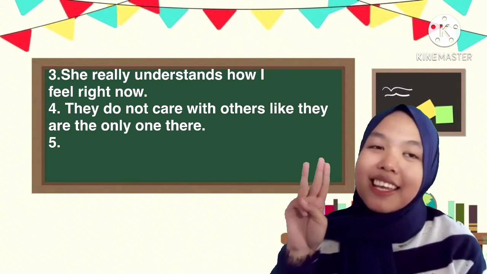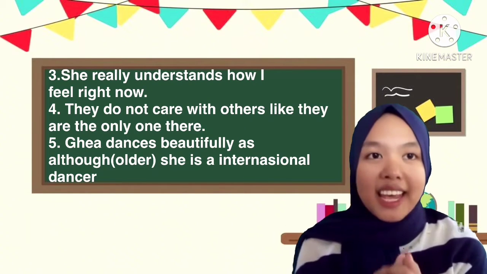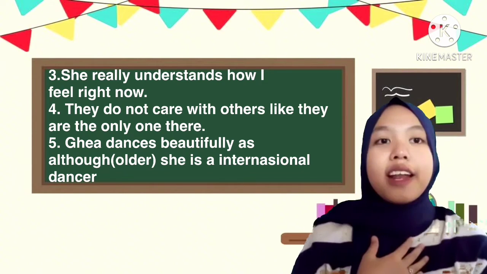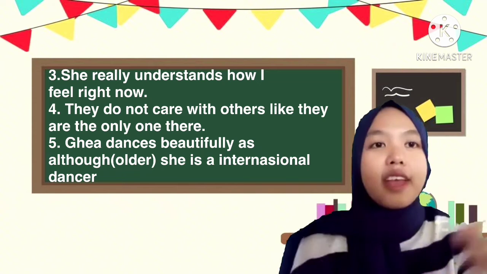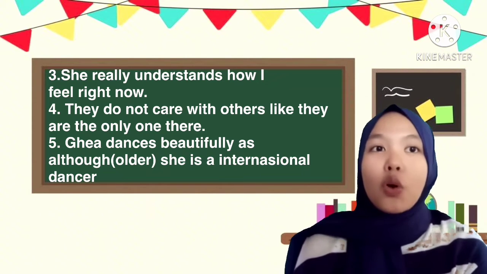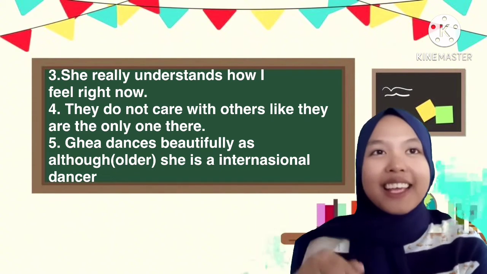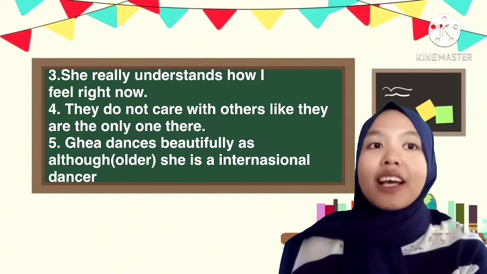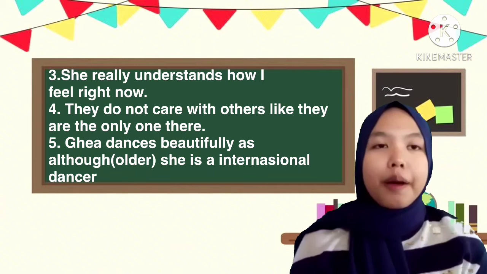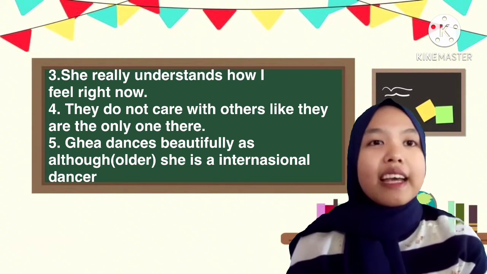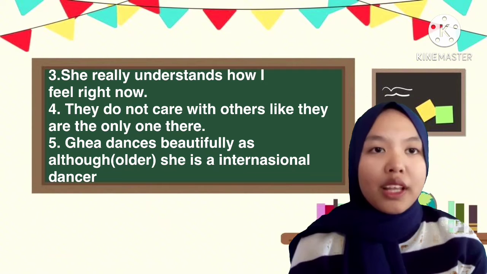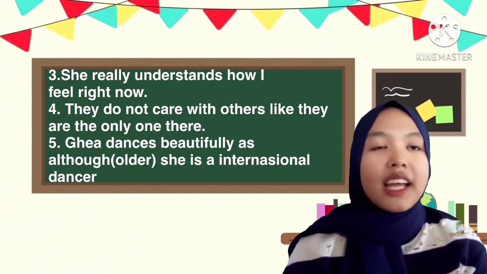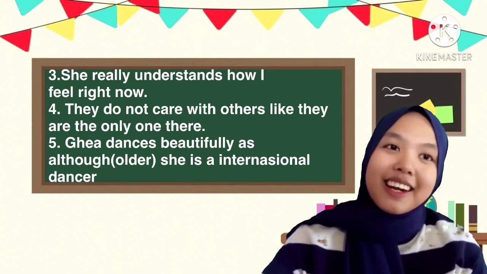Number 3, she really understands how I feel right now. Number 4, they do not care about others like they are the only ones there. Number 5, Gia danced beautifully as although she is an international dancer.